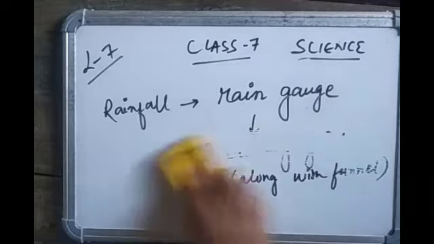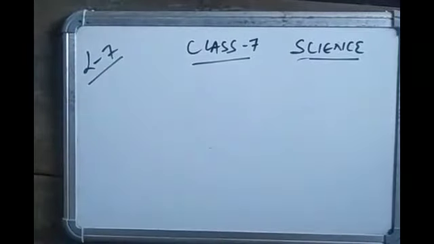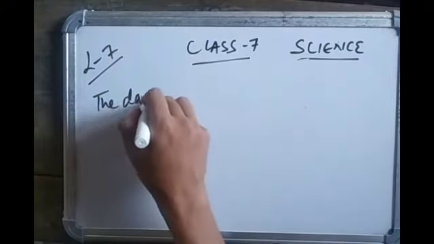So here comes the definition of weather. Weather is the short term change in the atmosphere. In short, the definition is also given in your textbook.